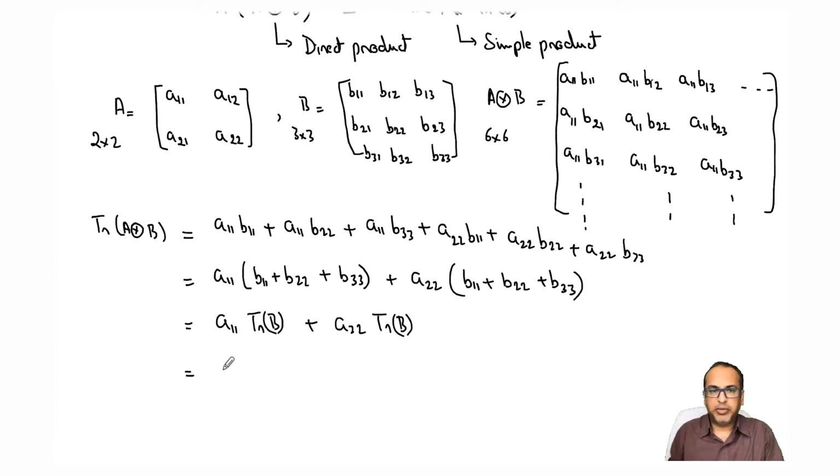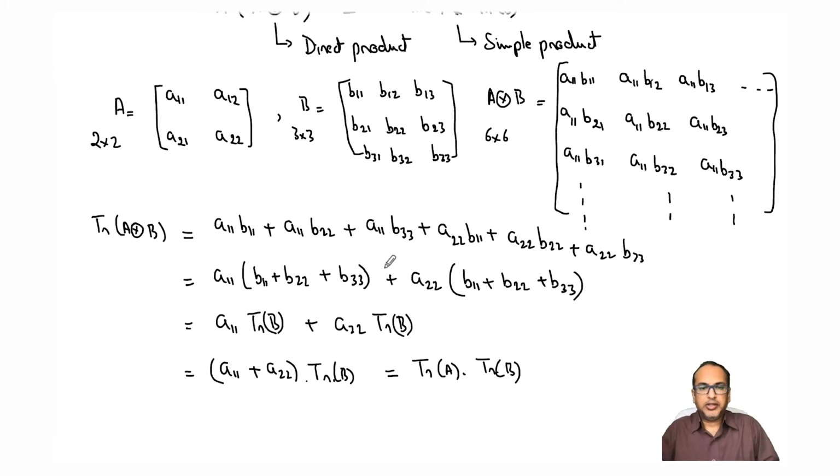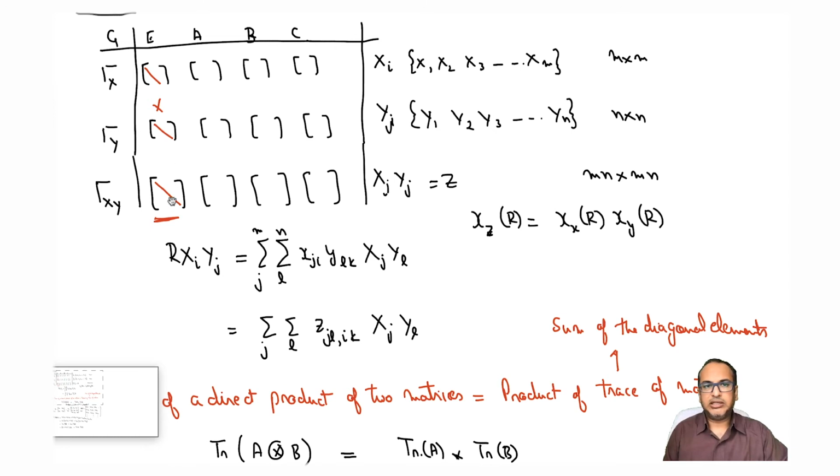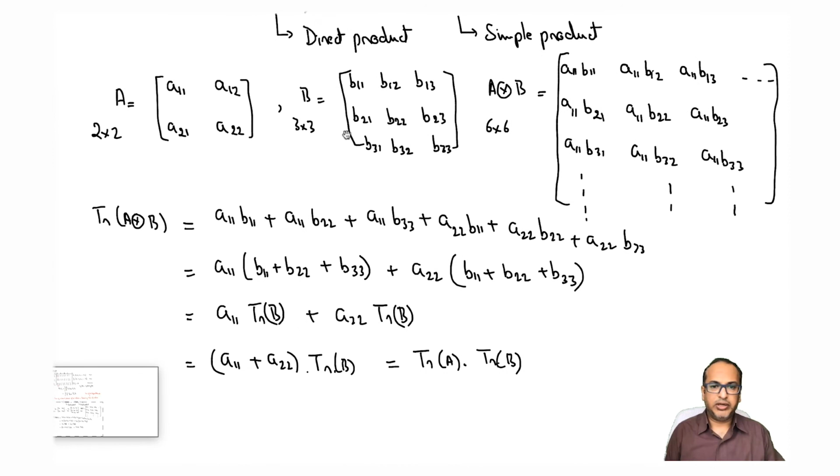And if I take trace of B common, I get A11 plus A22 times trace of B, and this is the trace of A over here, so trace of A into trace of B. So now my life is easier, because if I know the trace of this and the trace of this, I simply have to multiply the two numbers to get the trace of this matrix. Okay, so that's why working with traces is much more convenient. So we'll be working with traces here.